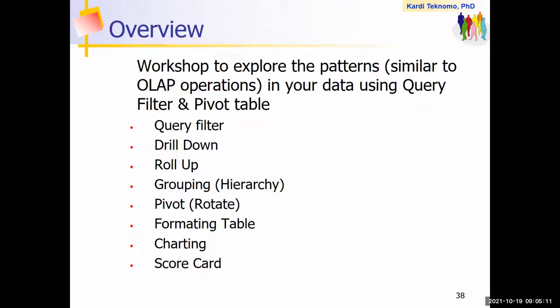So let's go to the actual working with the spreadsheet. This is what you need to do today. Today is a workshop, so you need to do it on your own.